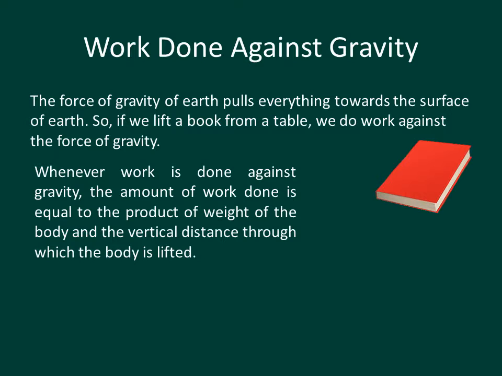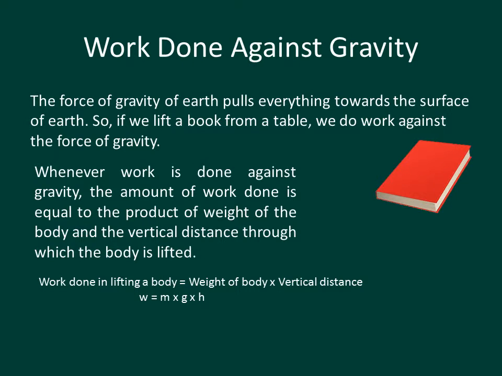Suppose a body of mass m is lifted vertically upward through a distance h. In this case, the force required to lift the body will be equal to the weight of the body, that means m into g, where m is the mass and g is acceleration due to gravity. So work done in lifting a body is equal to the weight of the body into the vertical distance.